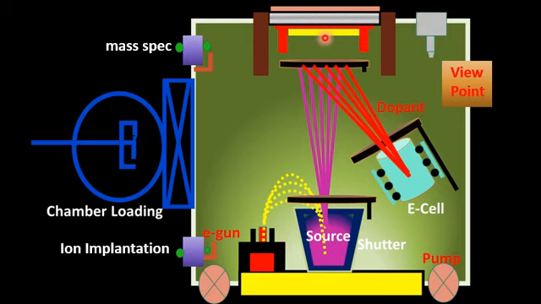An MBE system also consists of a setup known as RHEED, reflection high energy electron diffraction. The RHEED setup monitors the thickness of the deposited thin film.